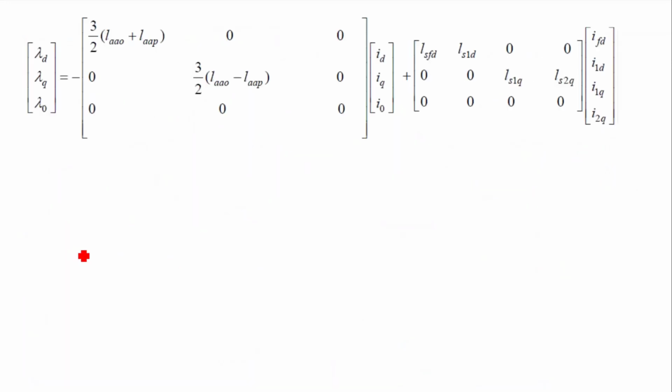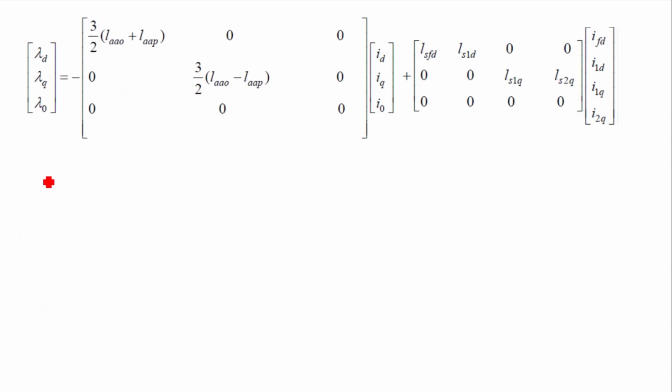Now, just by expanding this first equation, lambda d, lambda q, lambda o, and multiplying, I will find that lambda d, lambda q, lambda o will become the matrix 3/2 (LAO plus LAP), 0, 0, 0, 3/2 (LAO minus LAP), 0, 0, 0, 0, multiplied with ID, IQ, IO.